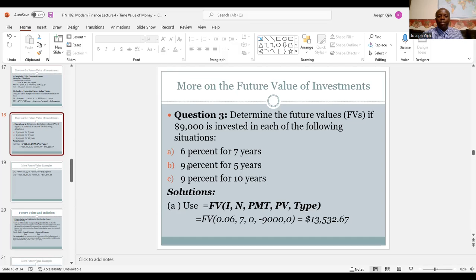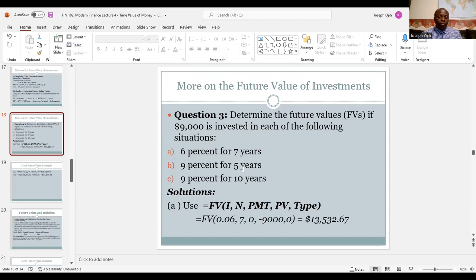Now part B is for 9%. Interest is 9% this time, which is 0.09, and time is 5 years. Number of periods is 5 years, and there's no payment, which is 0.